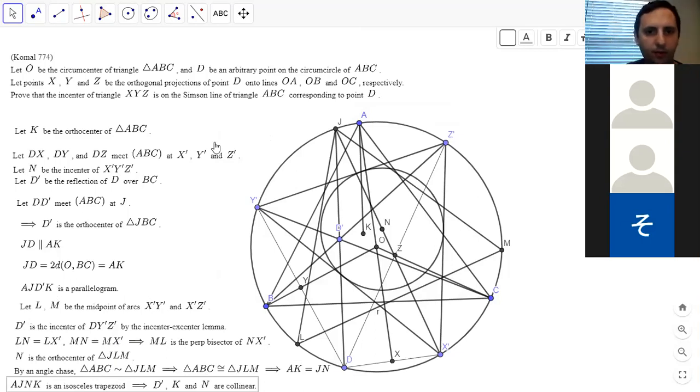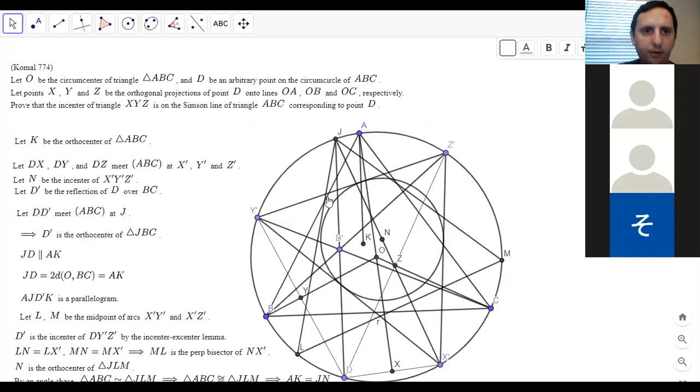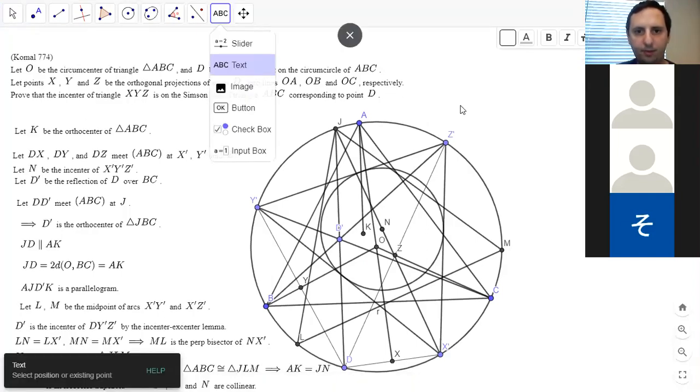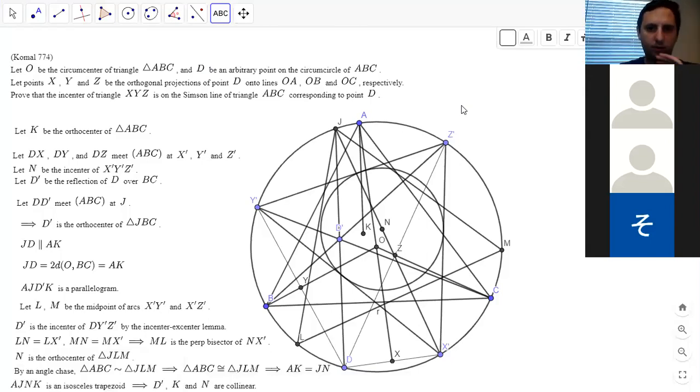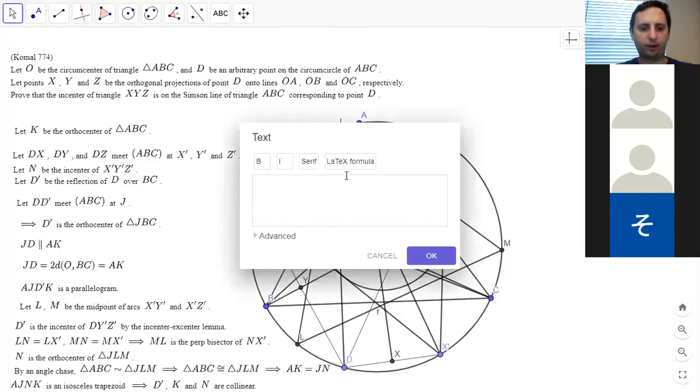And then once we have that, I'll just start writing out stuff up here. Basically I could just write the conclusion.